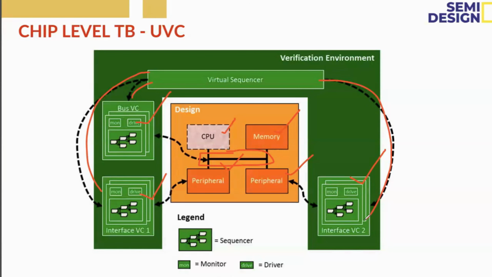We can also talk to the VIP vendors apart from the IP. So there are so many possibilities. Our main work is, whatever we are buying, we write the virtual sequences and create the scoreboard and the coverage analysis report. Okay, this is what actually happens at the chip level or SOC level.